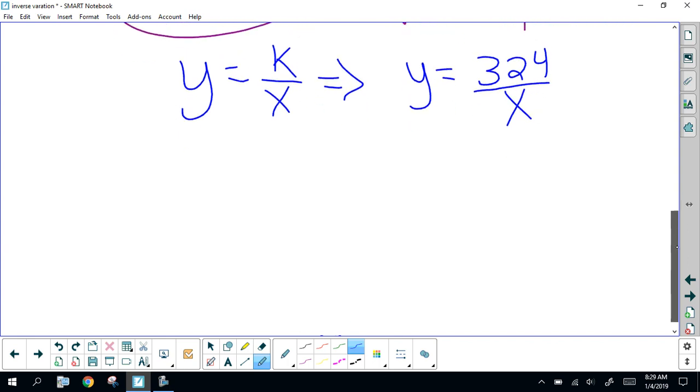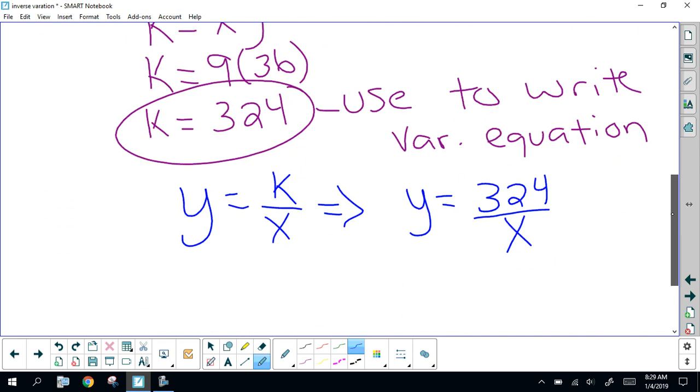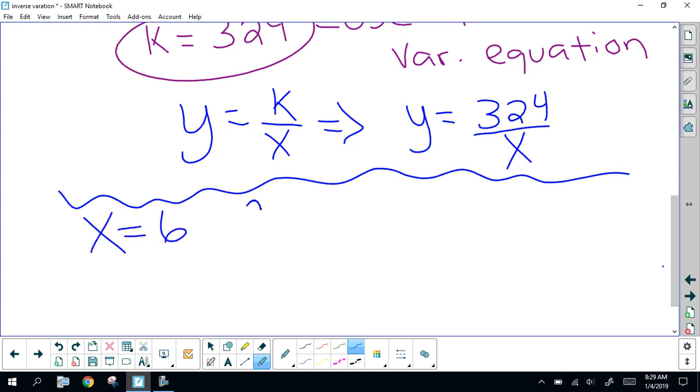So now we're going to do the second part of the question. It says find y when x is 6. So x equals 6, find y.